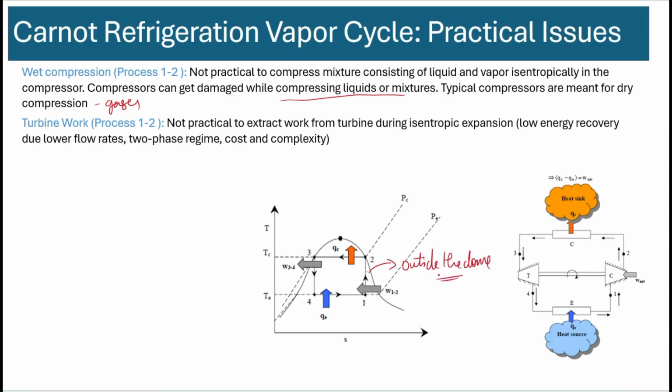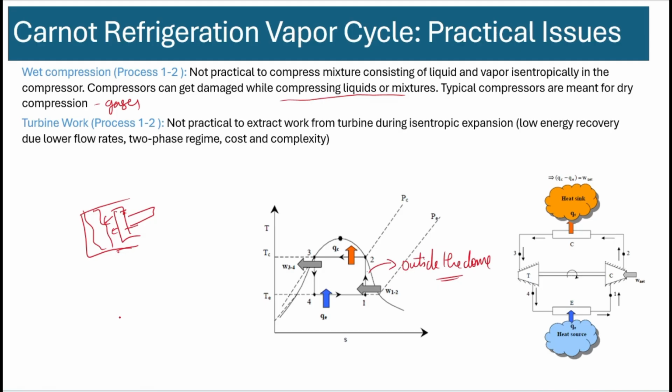Because imagine you have a compressor and you're trying to compress liquid, okay? It's meant for compressing gases. The liquids will not compress and it will damage the piston, damage the valves, it will damage the whole system. And sometimes if you have air conditioners in your house, sometimes you'll hear really loud noise coming from the compressor outside your house.